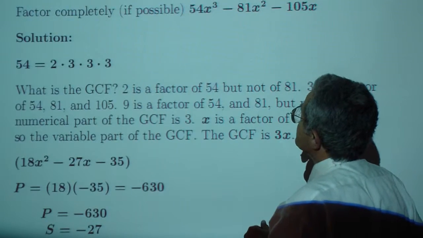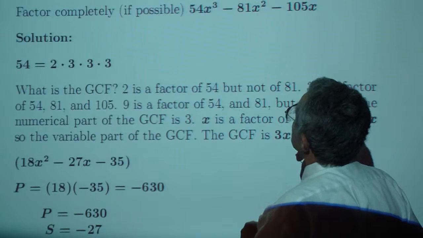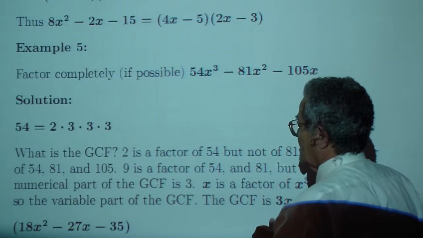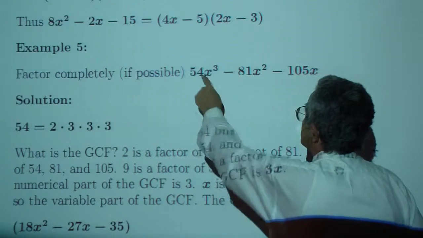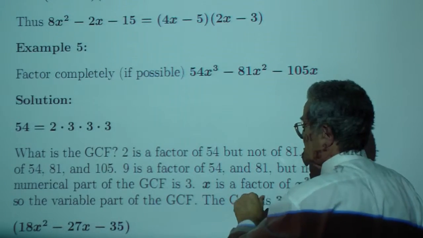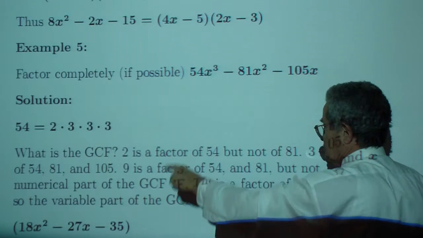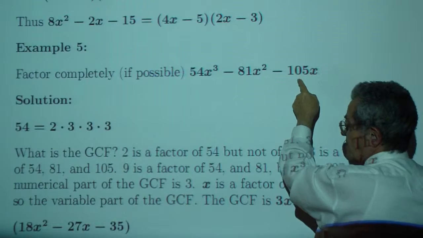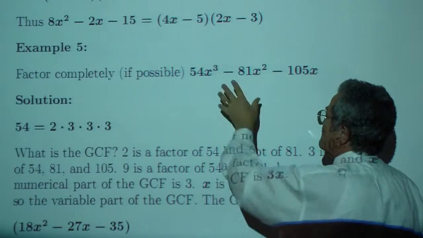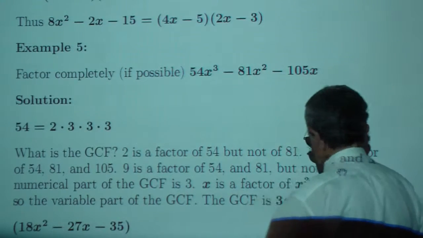Okay. After I factor out a 3, I am left with 18x squared. I also factor out the x. I am left with a negative 27x, and I'm left with a negative 35. So after I factor out the 3, this is what I have left.